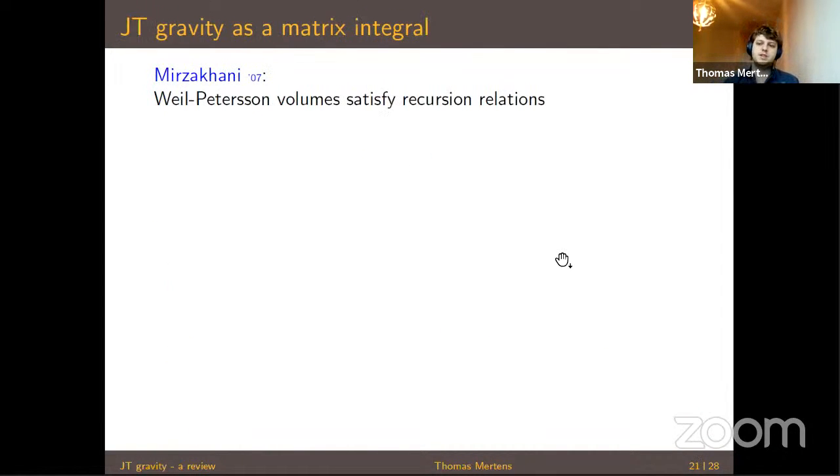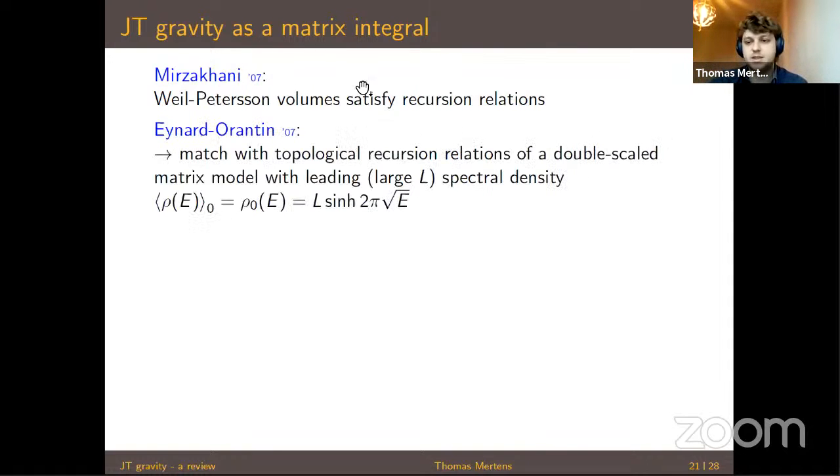Now, one of the most interesting aspects of Saad, Shenker and Stanford's story is that they showed that the full JT gravity, including all of these higher topological amplitudes, is as a whole a matrix integral. Let me briefly give you a historic overview of the arguments that led to this statement. In 2007, Mirzakhani famously showed that these Weil-Petersson volumes satisfy recursion relations, and this is actually a simple way to calculate them.